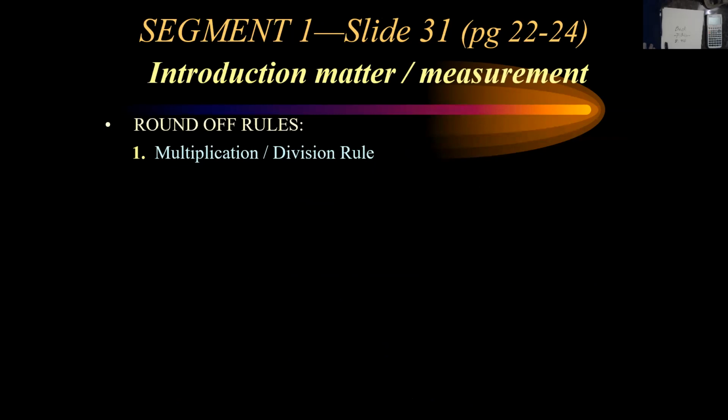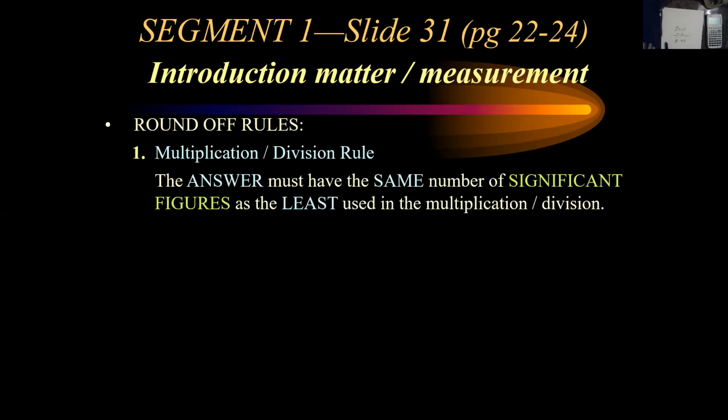I think that's right. Okay, multiplication and division rule. This one, everybody knows. You come out of high school knowing this one. When you're multiplying or dividing numbers, the rule is the answer has the same number of significant figures as the least you used in the calculations.